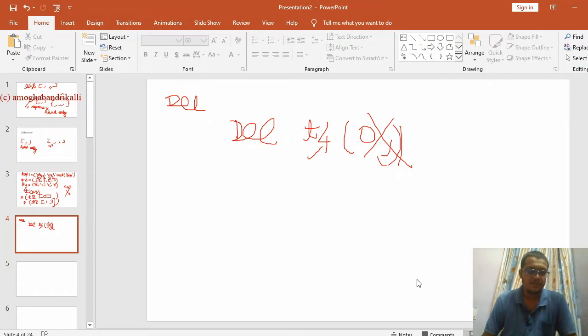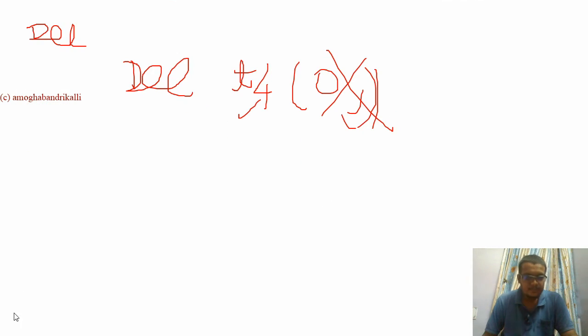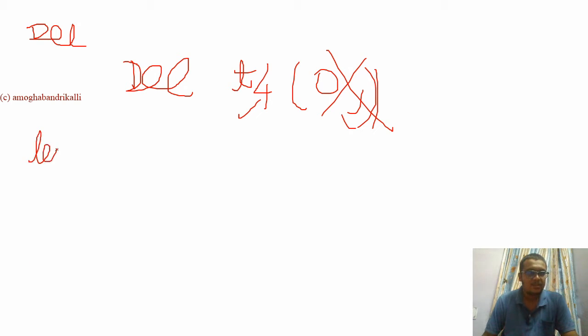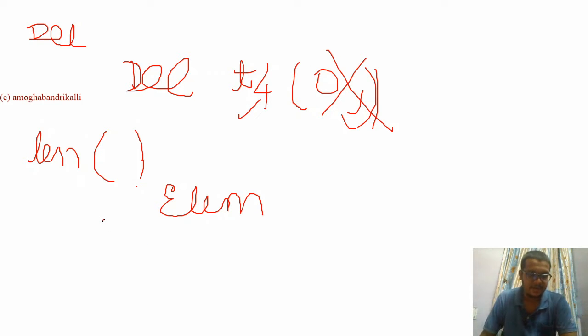So after the deletion of a tuple, you can have another operation called length. So let me take a pen here. The next operation is called length, where it is going to provide you the number of elements in a tuple. So the elements in the tuple are going to be identified.